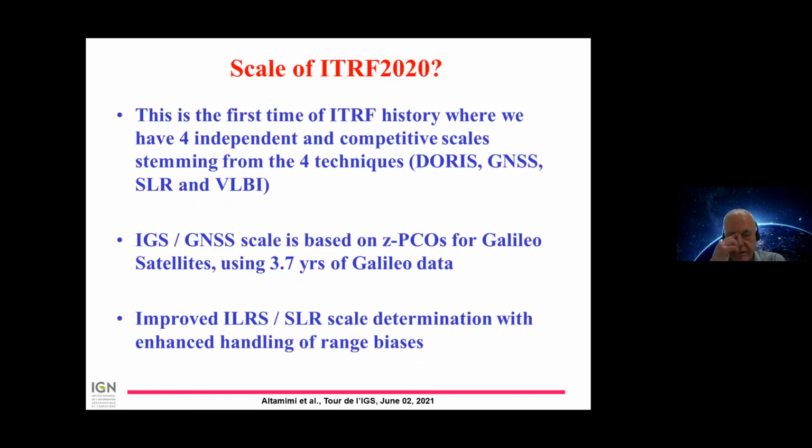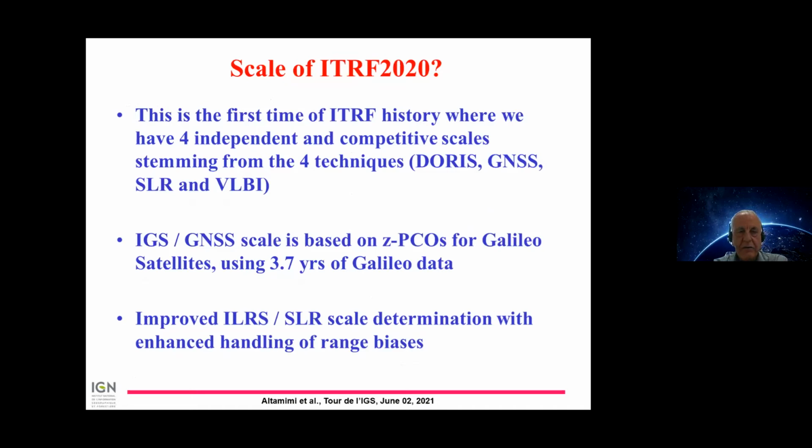Now, there is a big issue that I want to emphasize in this presentation, which is the scale of the reference frame. During the past 15 years or more, I was always seeing in the ITRF past solutions an offset between VLBI and SLR of about 1.4 ppb, which means about 8 millimeters.